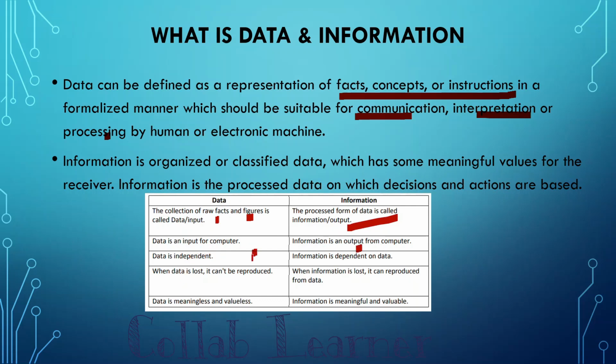Data is independent, whereas information is dependent on data, because without data you can't jump into the information. Data, if lost, cannot be reproduced, whereas if information is lost, it can be reproduced from the data, because after processing that particular data we got the information, so it can be reproduced. Data is meaningless and valueless, whereas information is meaningful and valuable.